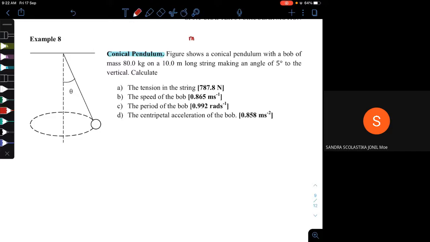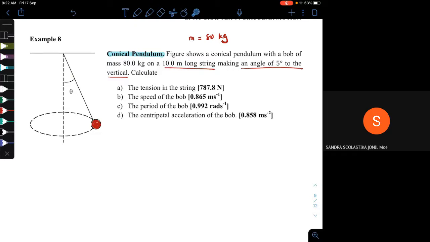So dikasihlah mass of the pendulum ni. Berat dia adalah 80 kg on a 10 meter long string. Okay, making an angle of 5 degree to the vertical. Okay, so baca betul-betul, 10 meter long string is this one lah. Okay, so what happen is that most students selalunya confused. Dia ingatkan long string ni dia punya radius, okay?